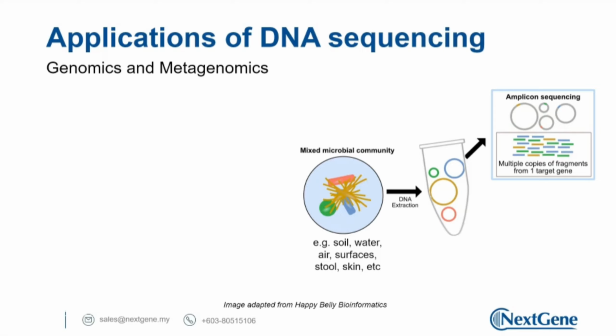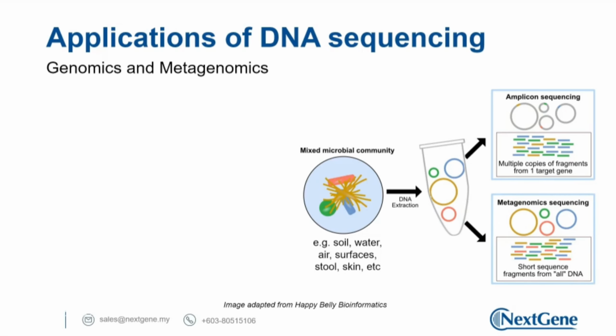For example, with 16S genes, all the microbes that carry a 16S gene, we are going to sequence the 16S genes out from them. The outcome of this amplicon sequencing is a set of data that contains 16S sequences coming from many different types of bacteria.